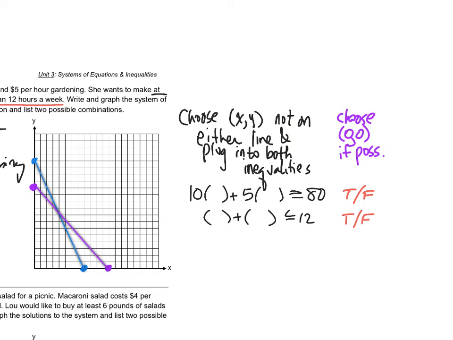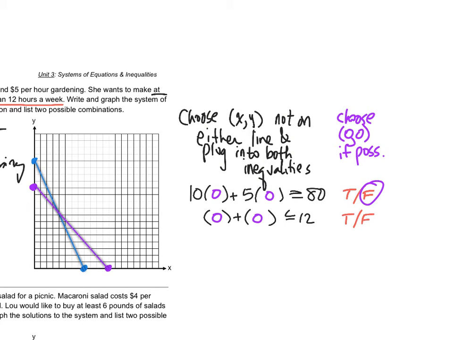If 0, 0 falls on one of the two lines, then it's not possible. But I'm going to pop zeros in for both x and y and see if I get a true sentence or not. So 10 times 0 plus 5 times 0, what does that give me? 0. Is 0 greater than or equal to 80? No, so that's a false sentence.